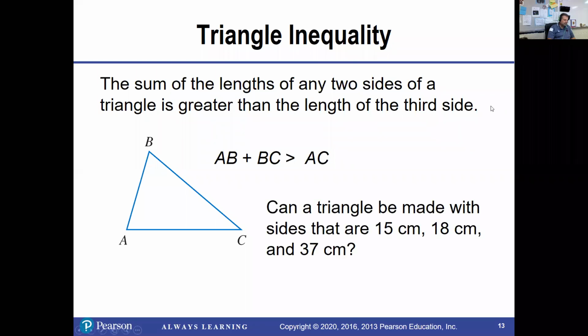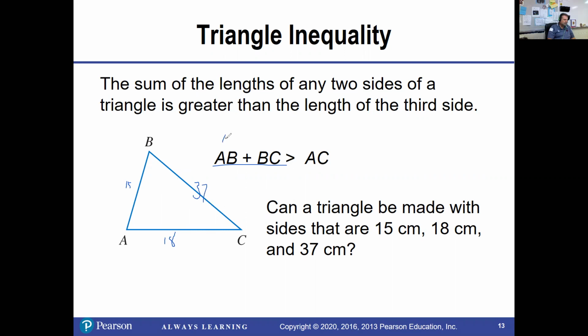Can a triangle be made with the sides 15, 18, and 37? What they want us to know is, how do I determine this? Can you have a 15, an 18, and a 37? Well, by this rule, the two smaller sides have to add up to be greater than the bigger side.